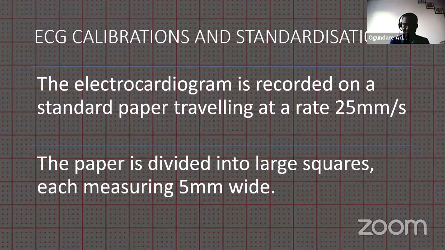We expect a normal cardiac impulse to travel 25 millimeter in 1 second. So how many large squares will be traveled in 1 second, if a large square is 5 millimeter wide?